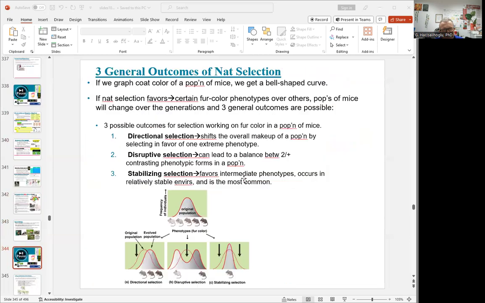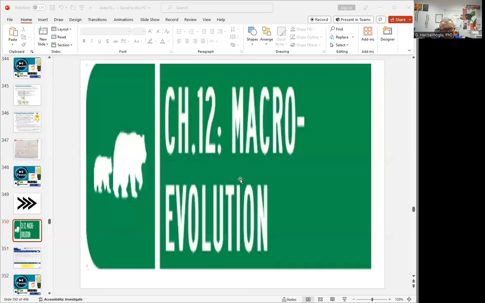Chapter 12 continues this, but as macroevolution. What's unique about chapter 12? Make sure you look up carbon dating, which has a half-life of 5,730 years and can be used for finding the age of a fossil.